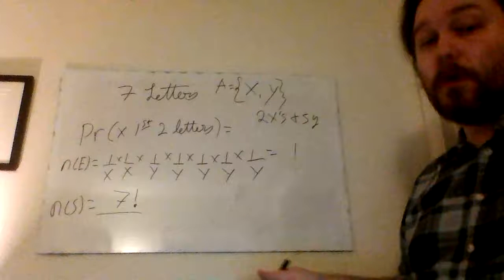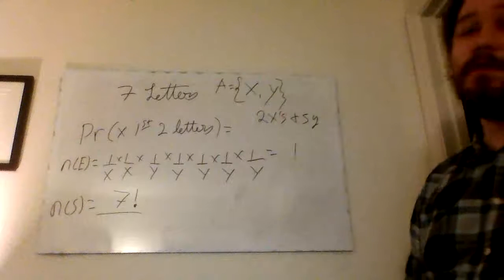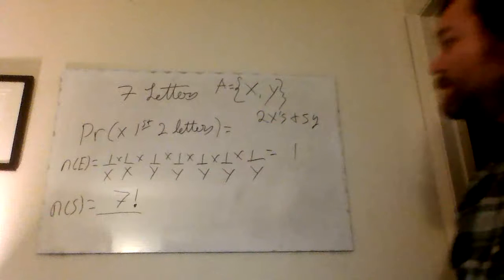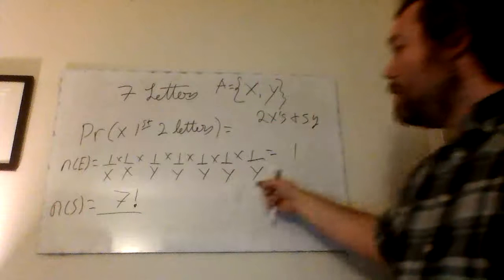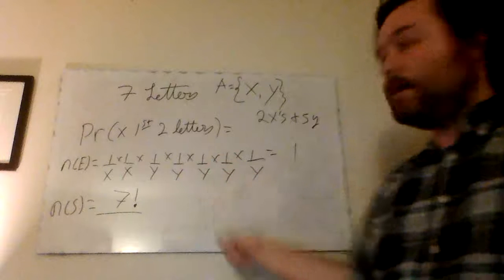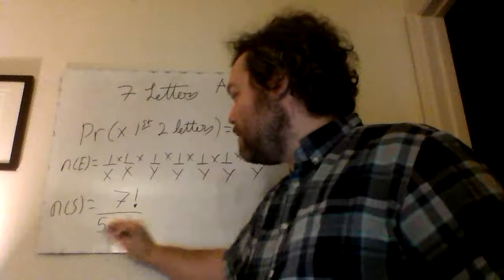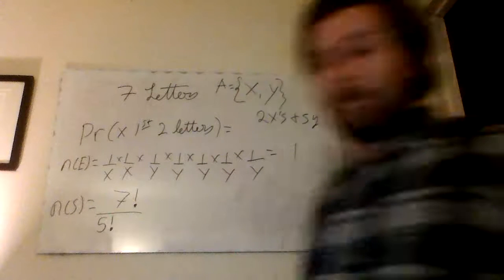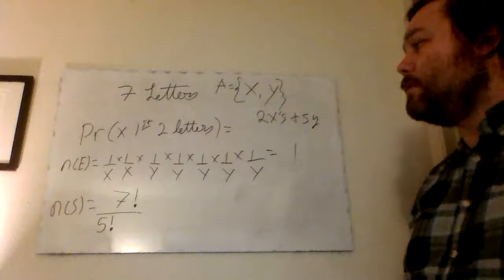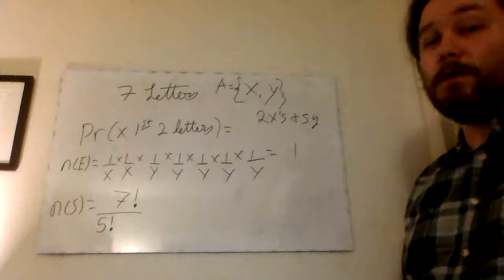That's if they were all different. But we know we must have overcounted. Okay? How much do we overcount? Well, we have 5 Y's, and we can't tell the difference between the Y's. So I must have overcounted by 5 factorial with them. Okay? And I overcounted by 2 factorial for the X's.